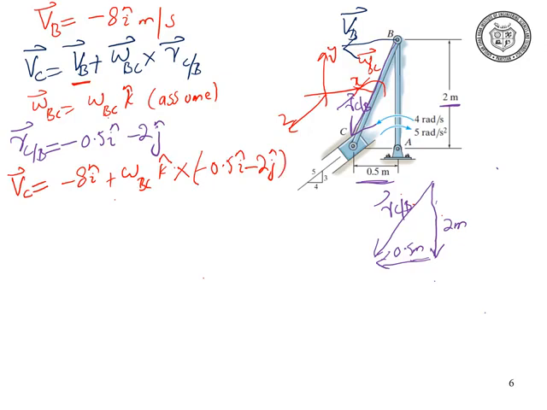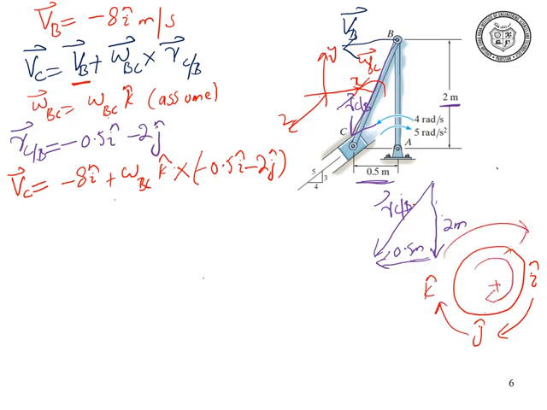Again you can follow this: this one is i, this one is j, and this one is k, taking this direction as positive and this direction as negative.